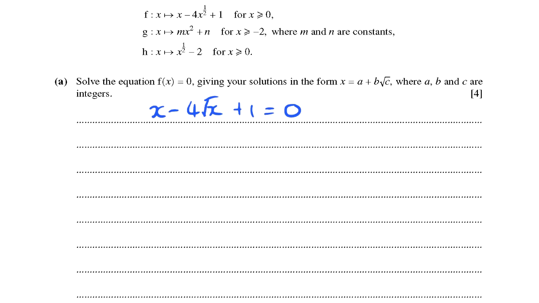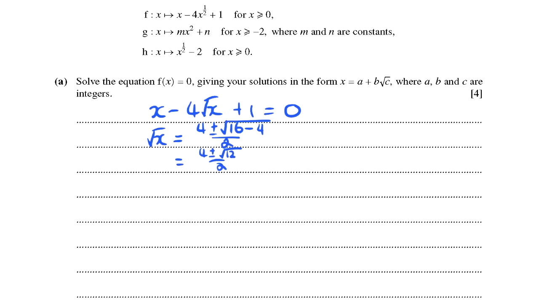And remember, the variable is root x, so we should probably say that root x is negative b, which is just 4, plus or minus the square root of b squared, 16, minus 4ac, 4 times 1 times 1, over 2a, over 2. Okay, that is going to equal 4 plus or minus root 12 over 2. All right, so we need to know our third rule.